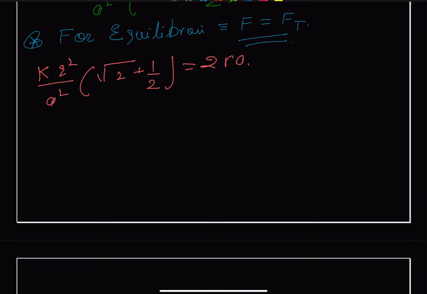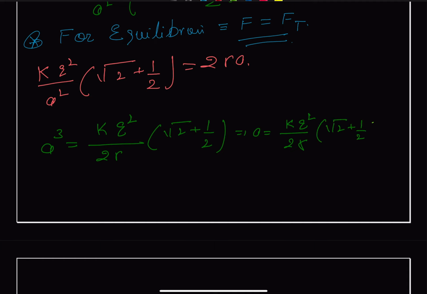So therefore we can say that our A cube will be equal to KQ square upon 2 gamma and root 2 plus 1 by 2. And we can write A is equal to KQ square over 2 gamma times square root of 2 plus 1 by 2, whole raised to power 1 by 3.